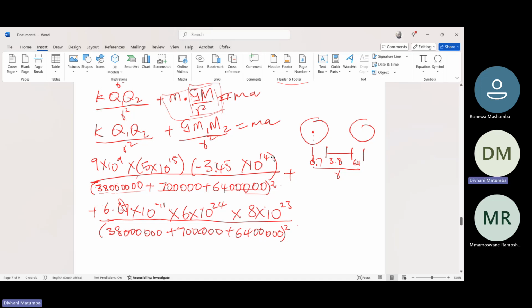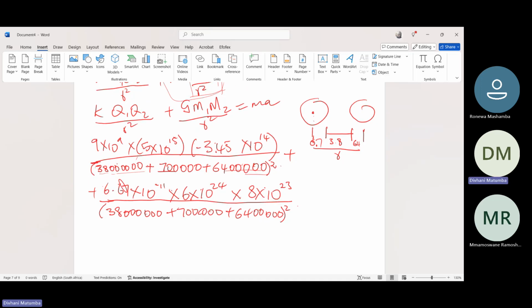So if we're using the calculator, what do we get there on top? So all this is equal to ma, or net force, either way. Okay, so what do we get?